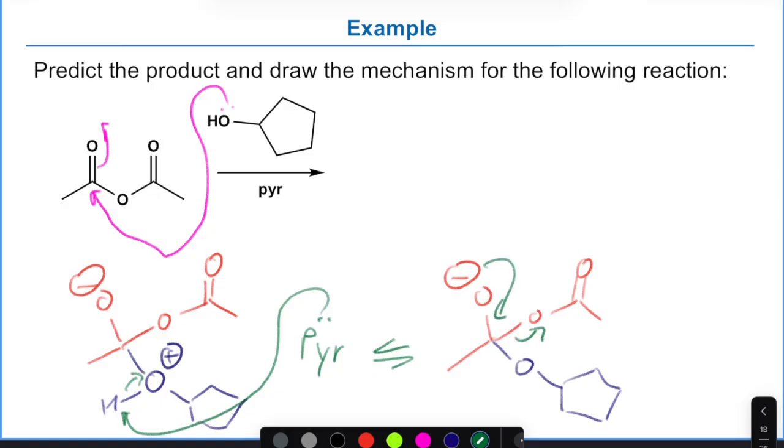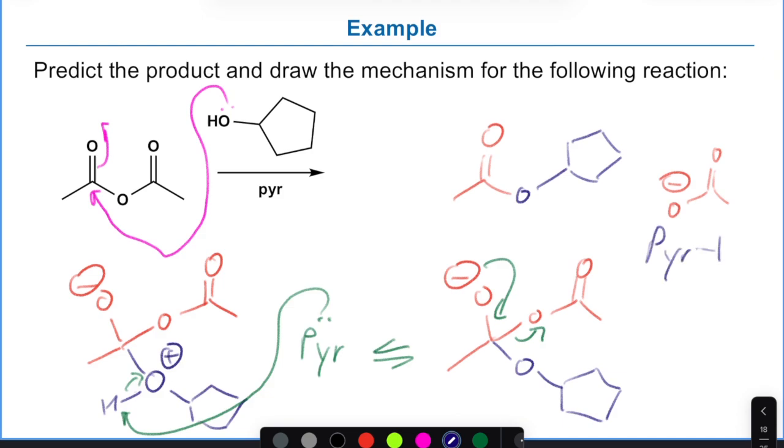So the final product is going to be our carbonyl onto our alcohol. We've made an ester out of this system, and we have one equivalent of our leaving group, which is now our conjugate base, and we have pyridine, PYRH, protonated on the nitrogen. This is our acid-base salt. So this is possible as we go through this system here.